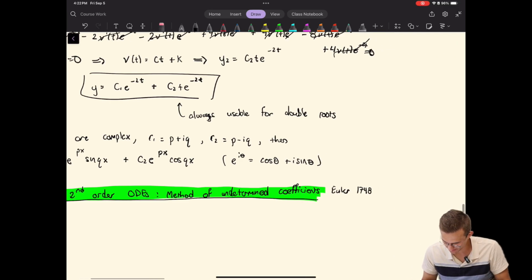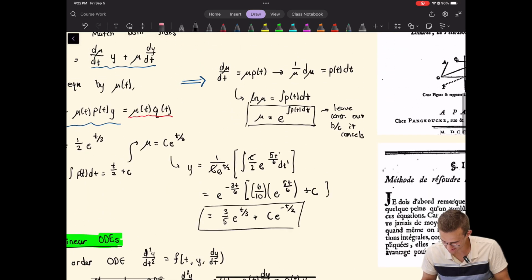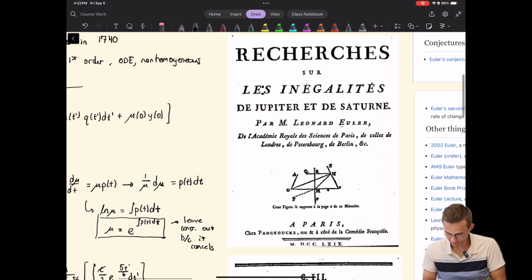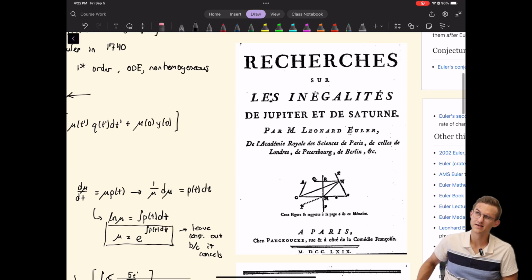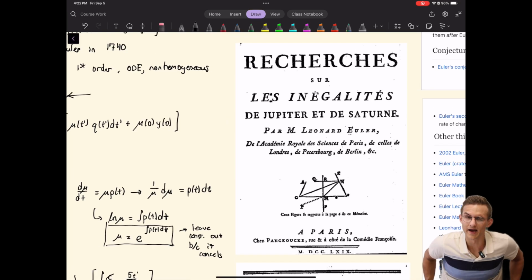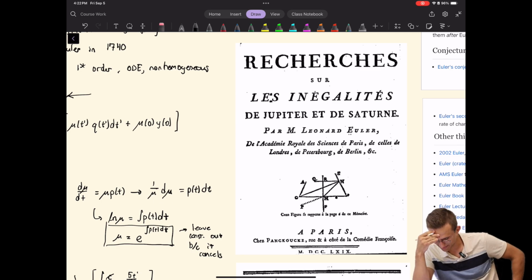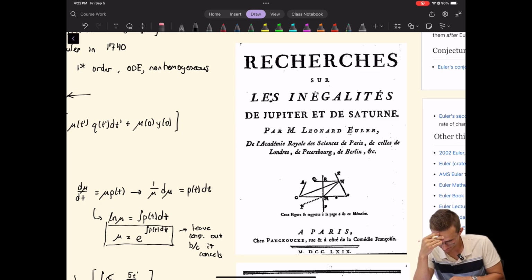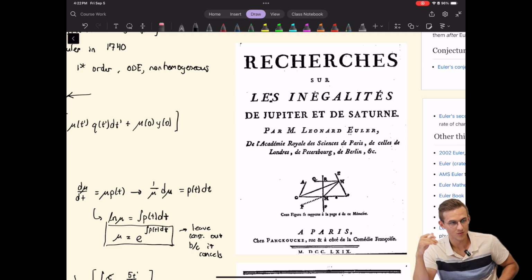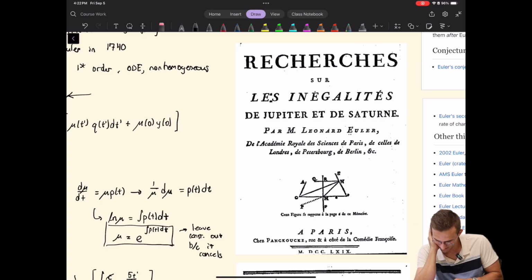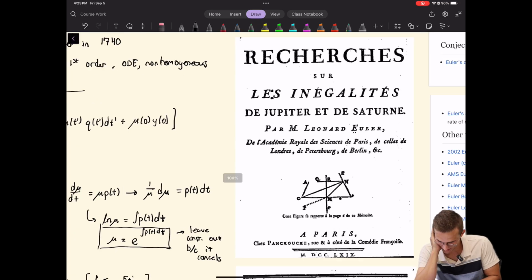I think it was to win the annual mathematics prize in Paris. I don't know if this is the first time he won it, but he won it for the first time when he was 20 years old, and then he went on to win it another 17 times in his life or something on that order. But I found the initial publication you can see here.